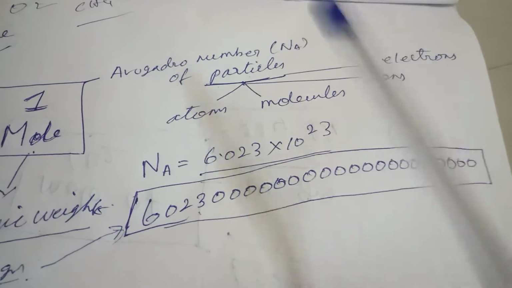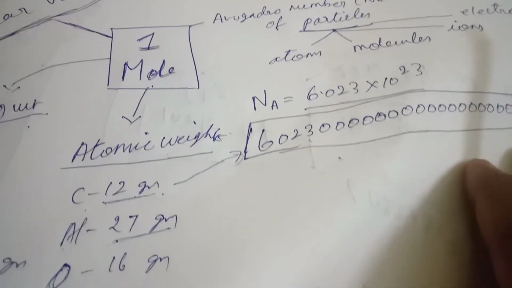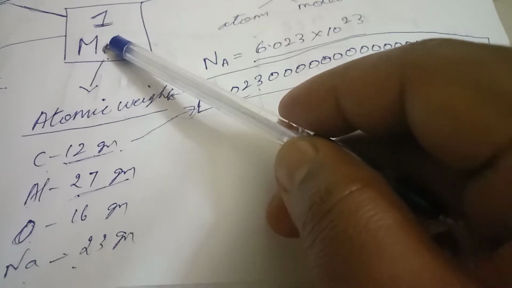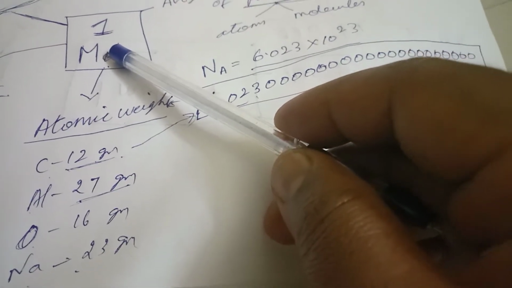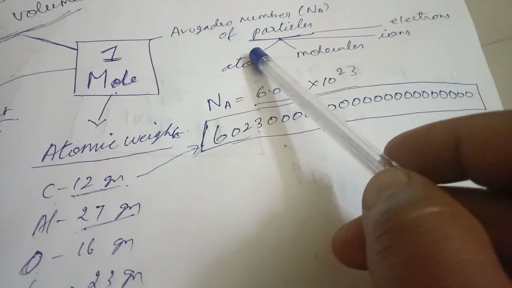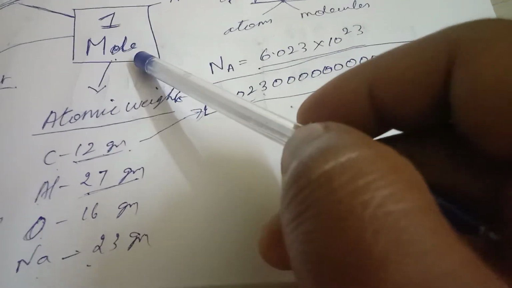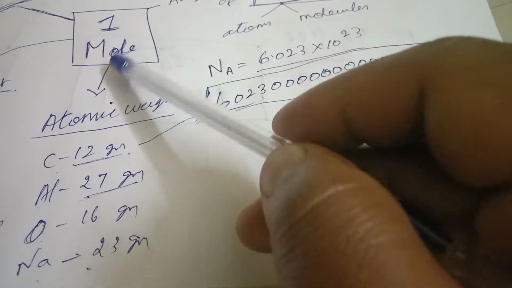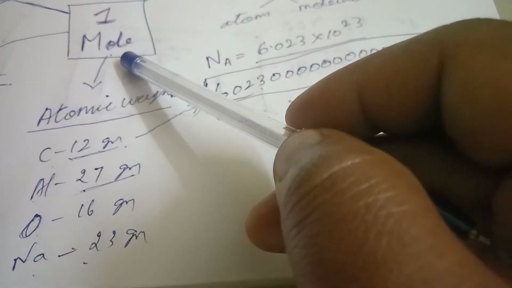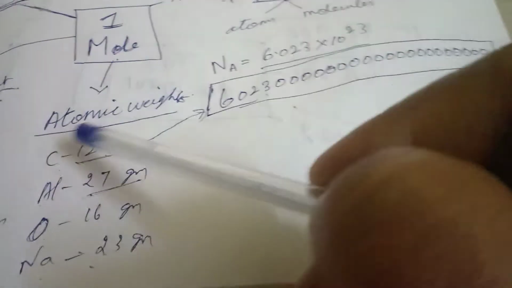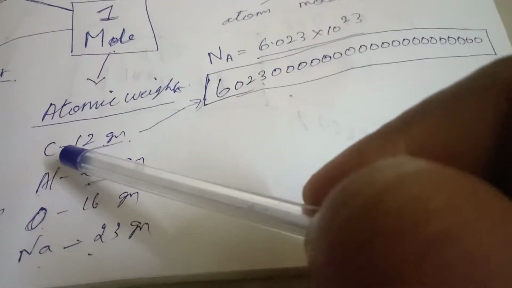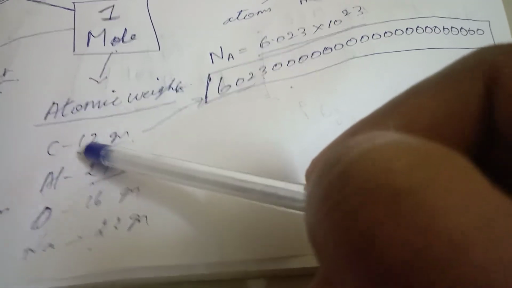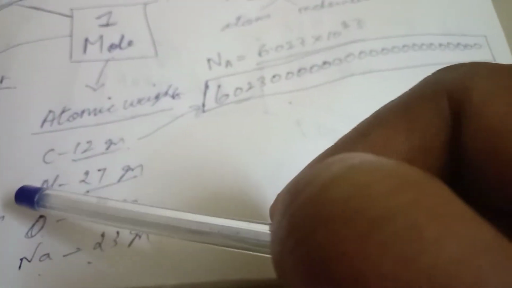Okay, then next one, atomic weight. One mole of the atom is equal to Avogadro number of atoms as well as its atomic weight. For example, if we take carbon, its atomic weight is 12 gram, that is one mole of carbon.